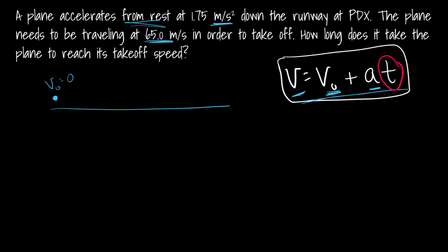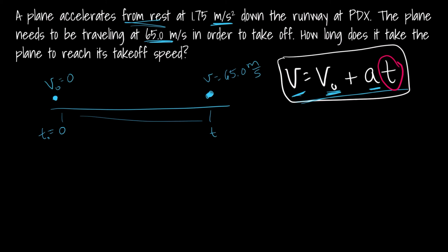At some time t later, this is t equals 0, right? Remember, we're saying that the initial time in this equation is always equal to 0. So at some later time t, the plane or dot is going to have a velocity equal to 65.0 meters per second, and it will be able to take off because it's reached its takeoff speed.